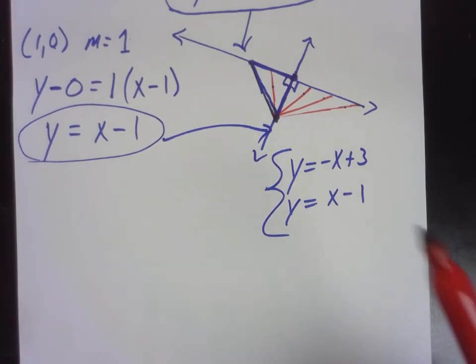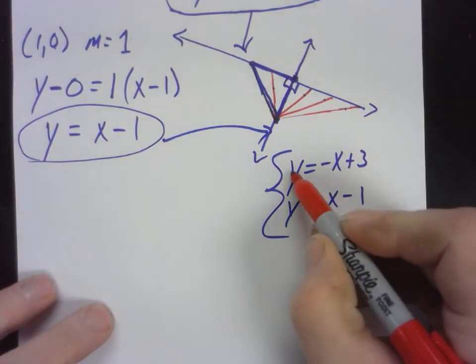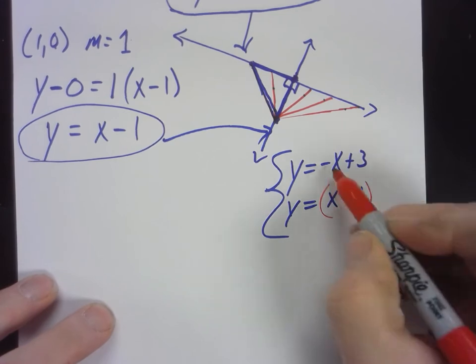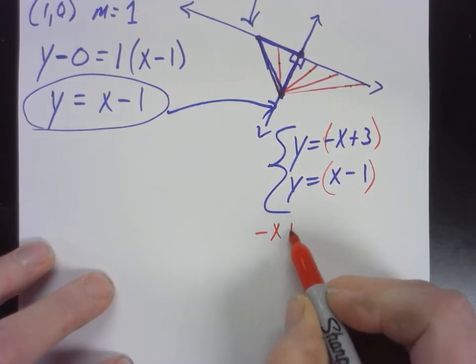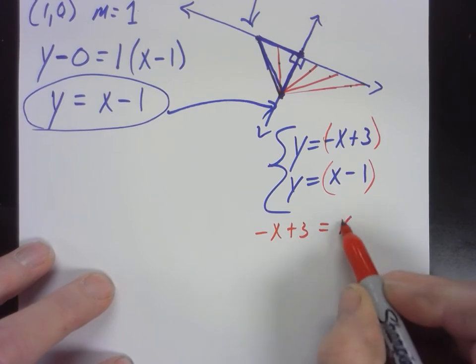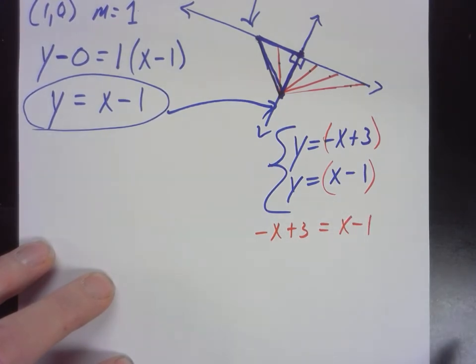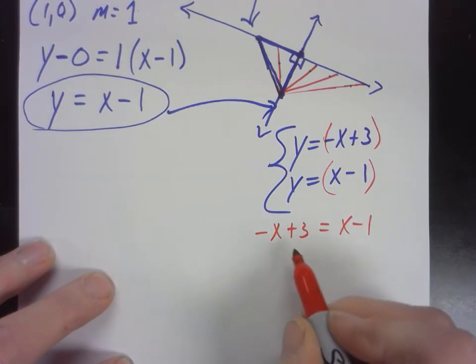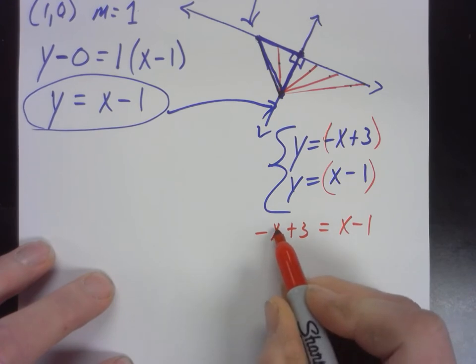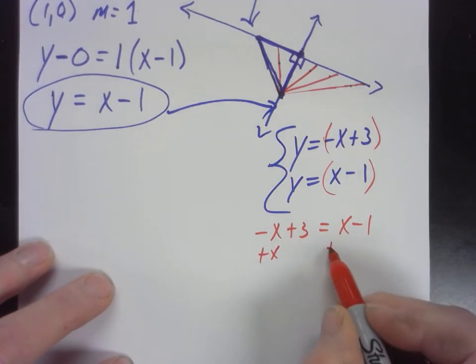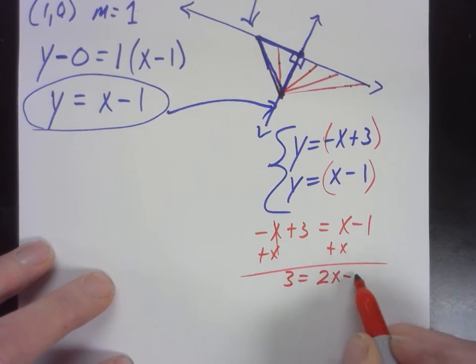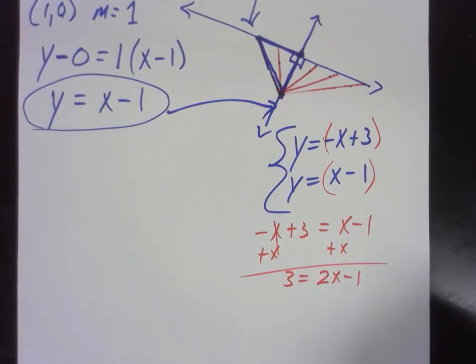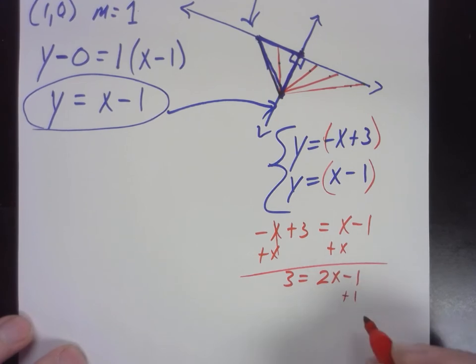Well, since both of these things equal y, I'm going to say that the opposite of x plus 3 must equal x subtract 1. Agreed? So let's see. I'm going to add x to both sides. And then I'm going to add 1 to both sides.